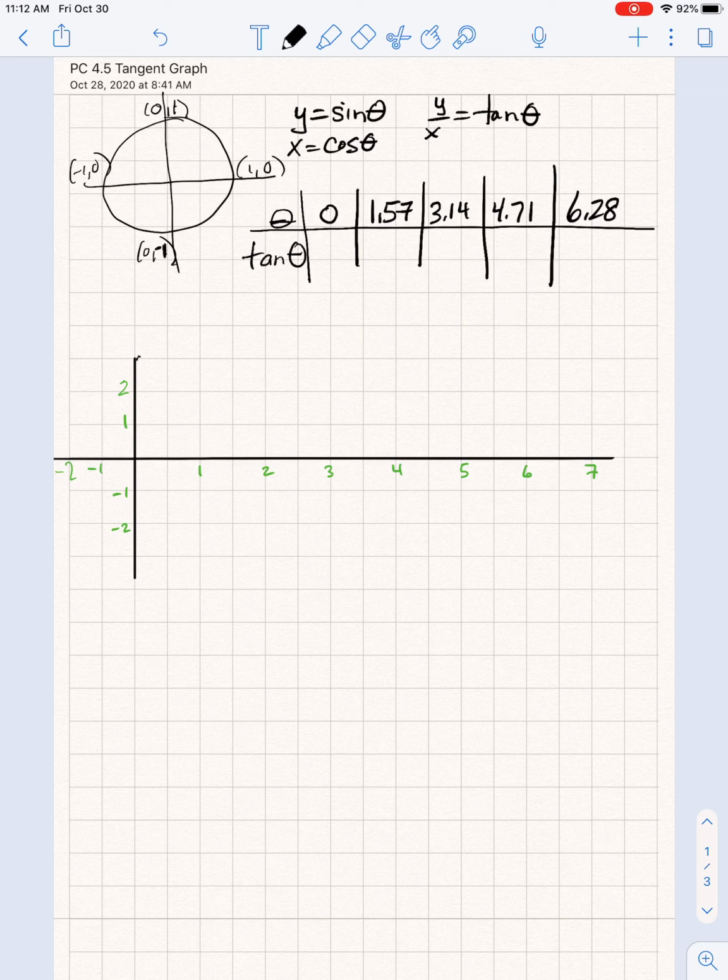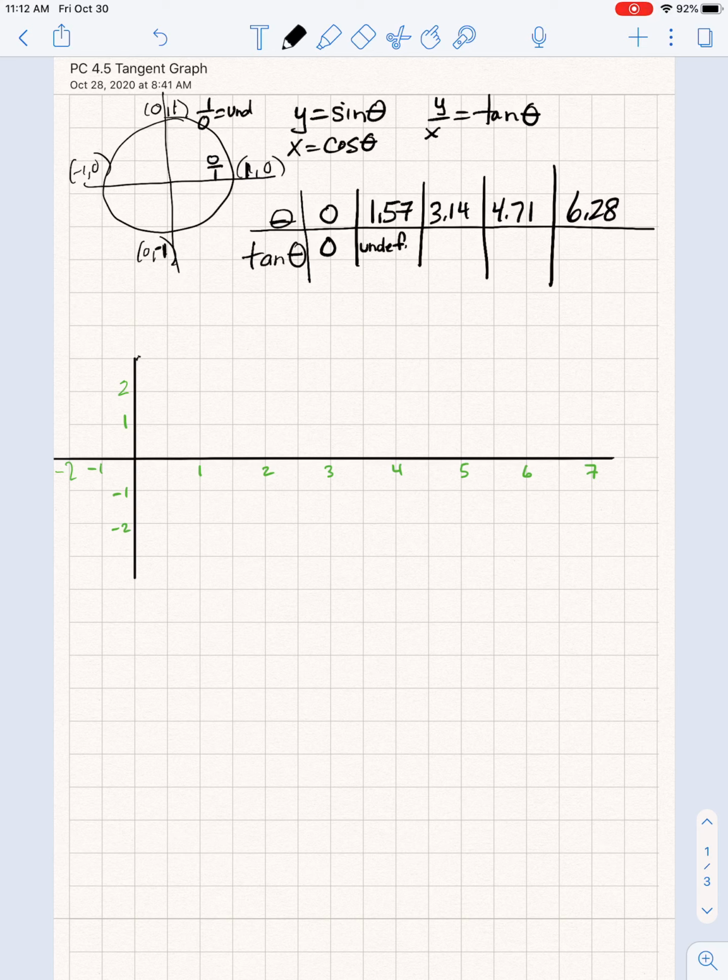In this case, at the quadrantals, we want to look at tangent, so we want to think of this as being y over x. For example, at 0, we have 0 over 1, which is 0. Up at pi over 2, we have 1 over 0, which is undefined. So for 1.57, we are undefined.